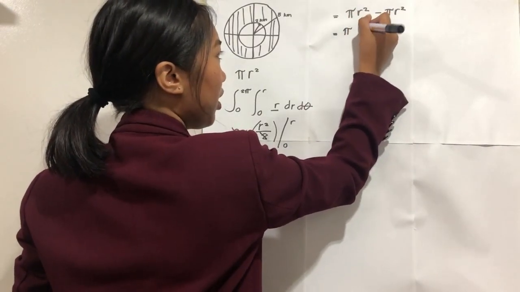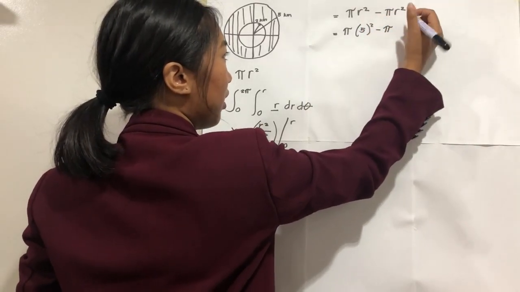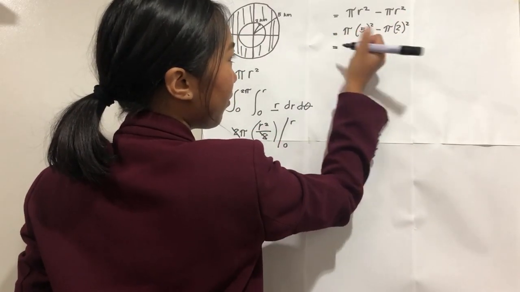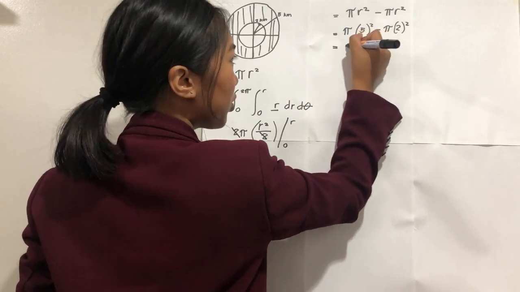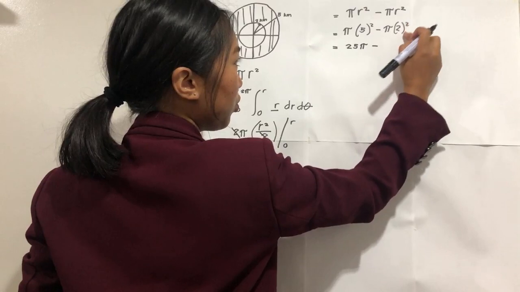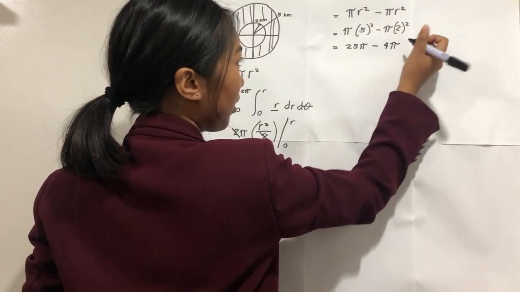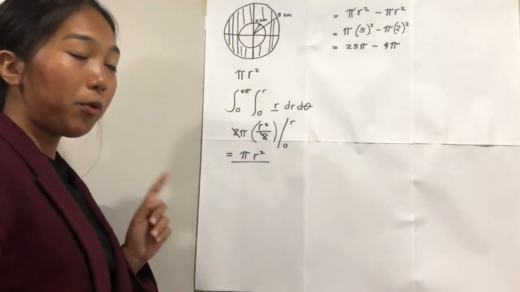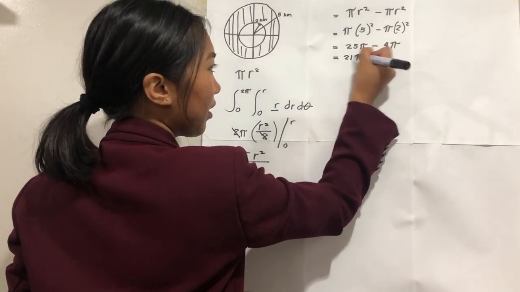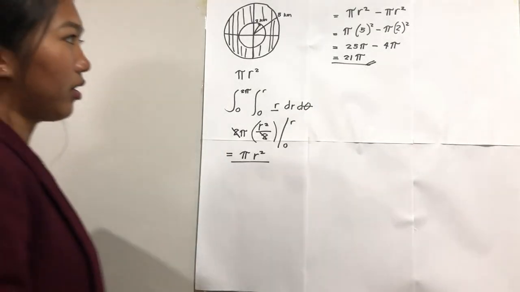Pi times the radius of 5 squared, minus pi times the radius of 2 squared, is equal to 25 pi minus 4 pi. 25 pi minus 4 pi is equal to 21 pi. So this will be our easy way to find the area.